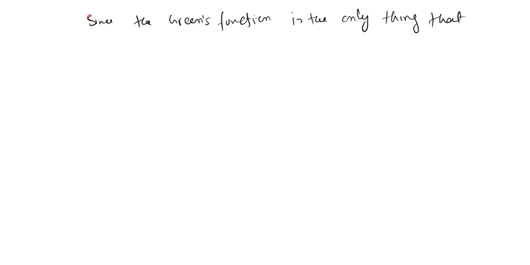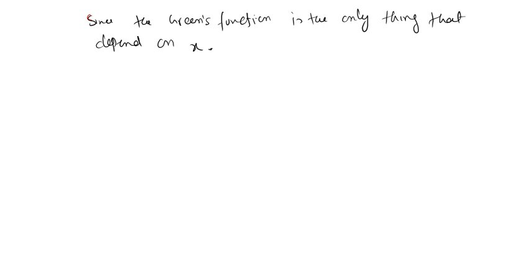And we can write the reasoning here. Since the Green's function is the only thing that depends on x, we apply the operator on g.